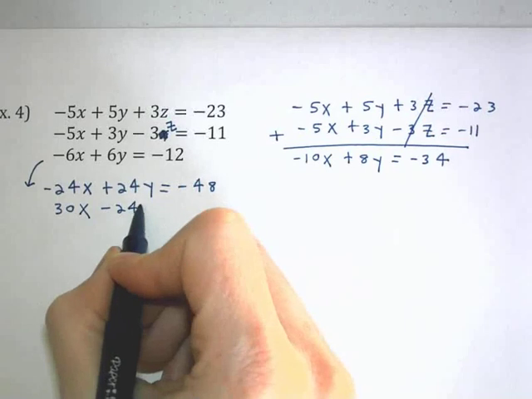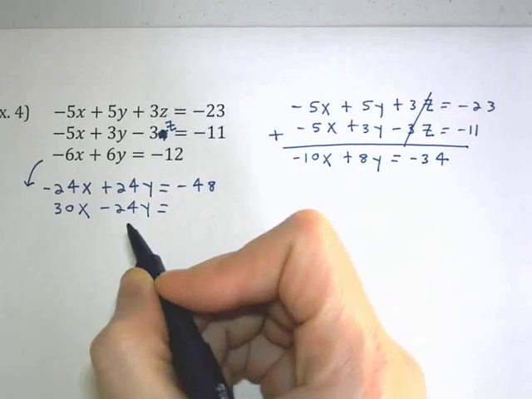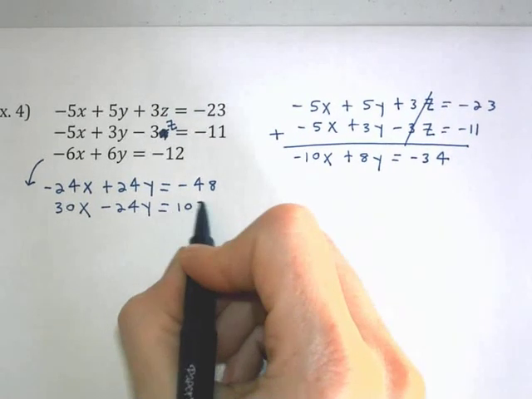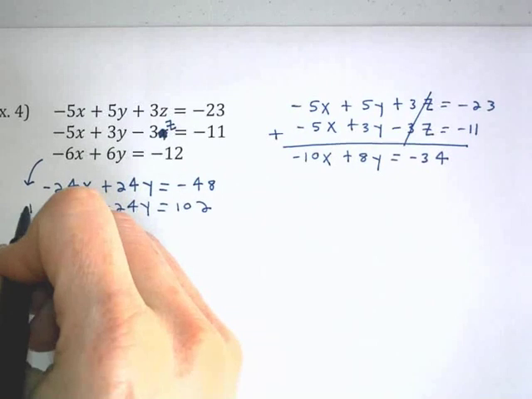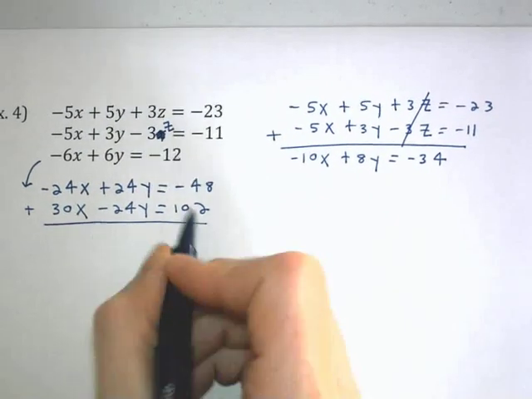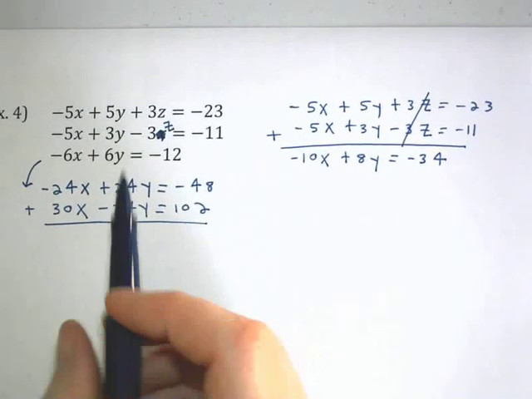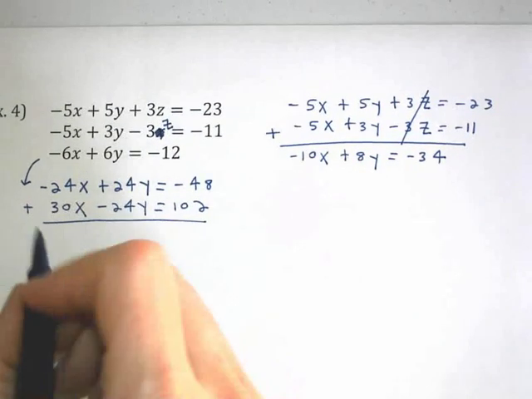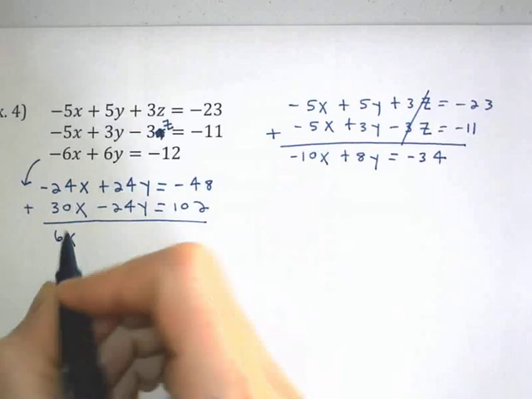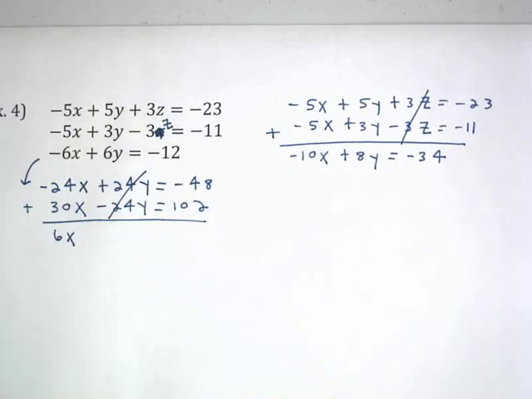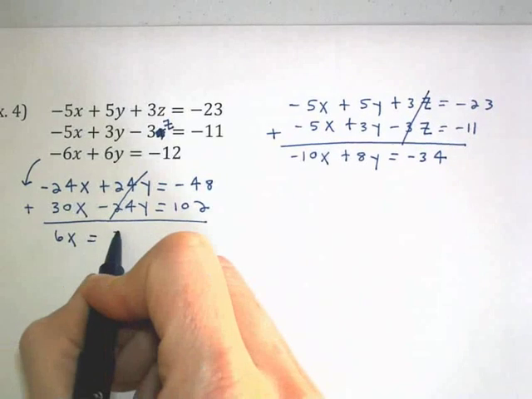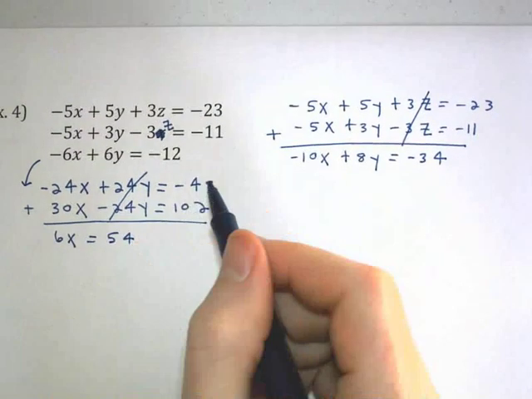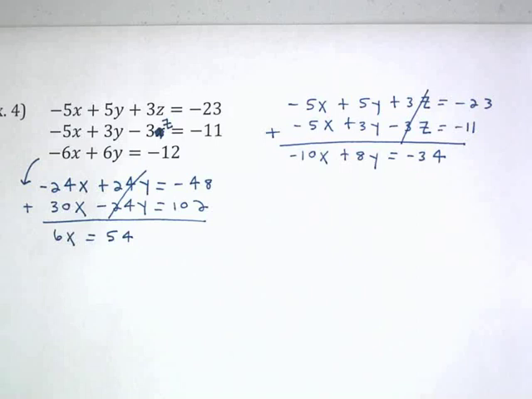So I'm going to get positive 30x, negative 24y, and positive 102. So I have the opposites that I need. If I do negative 24x plus 30x, I get 6x. My y's have eliminated.